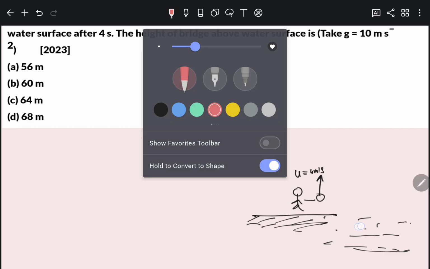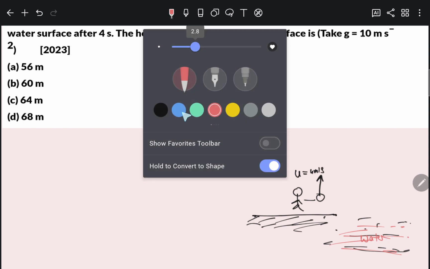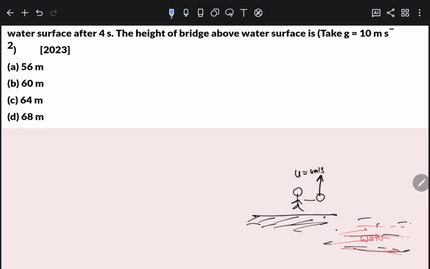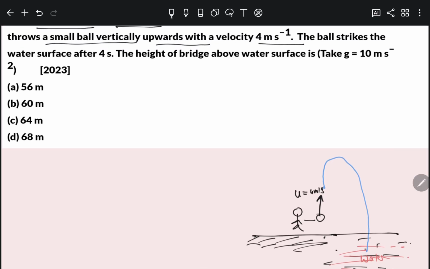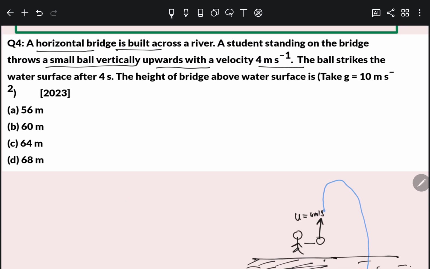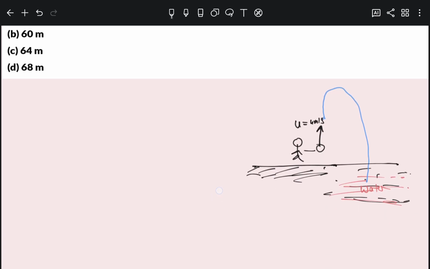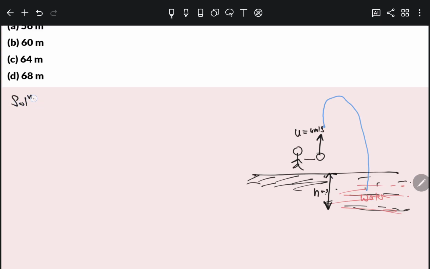So the ball goes upwards and then goes downwards. The ball strikes the water surface after 4 seconds, and they are asking the height of the bridge, h.